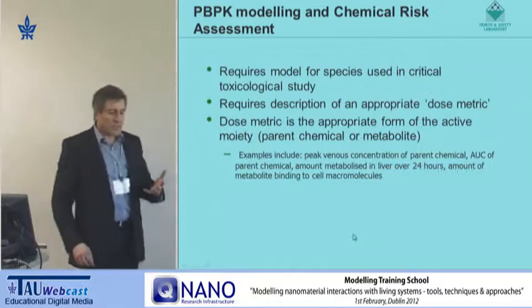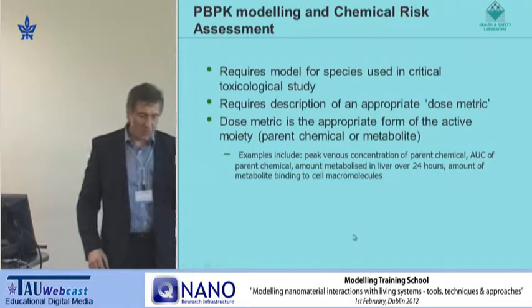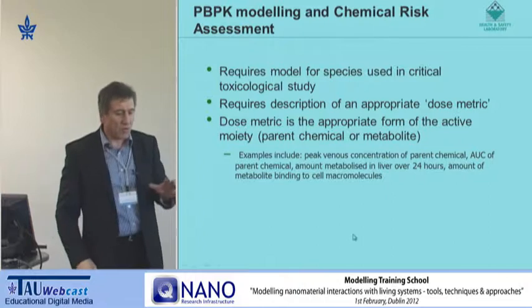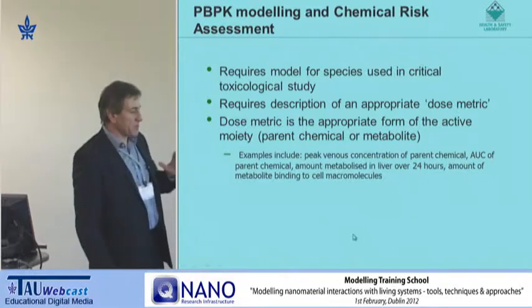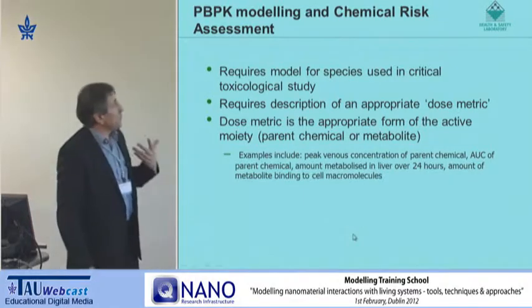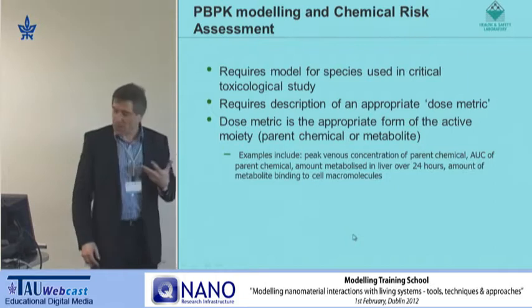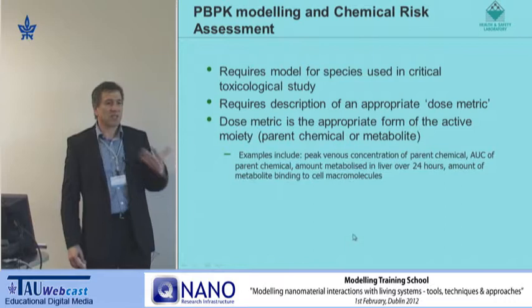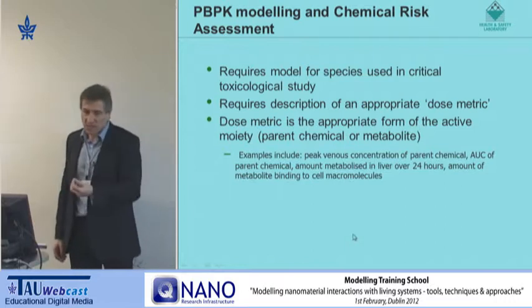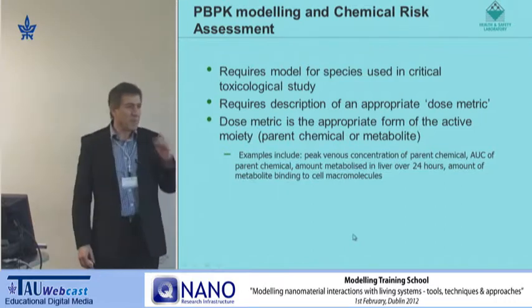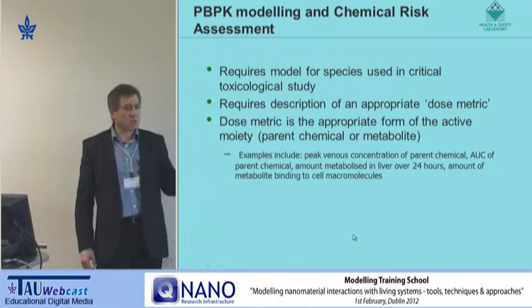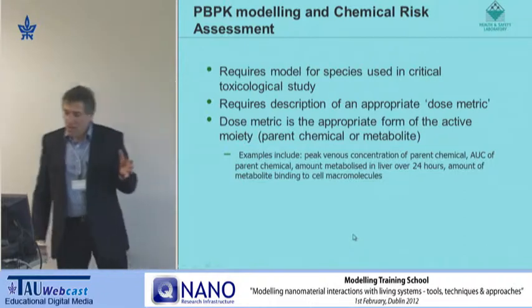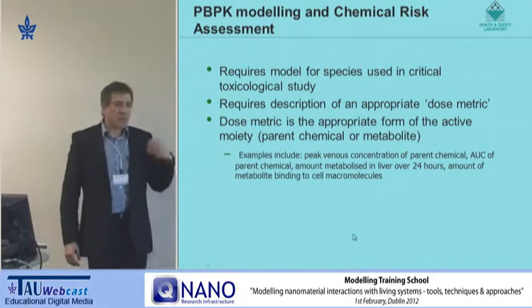So the approach to risk assessment, which is common to all risk assessments, irrespective of the use of PBPK, is to search for the critical study, a toxicological study in which you have identified the most sensitive species and the most sensitive measurement in that species that correlates with a toxic effect. And you try and identify the appropriate dose metric.